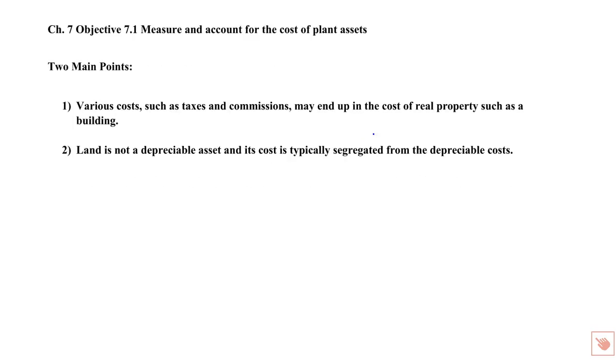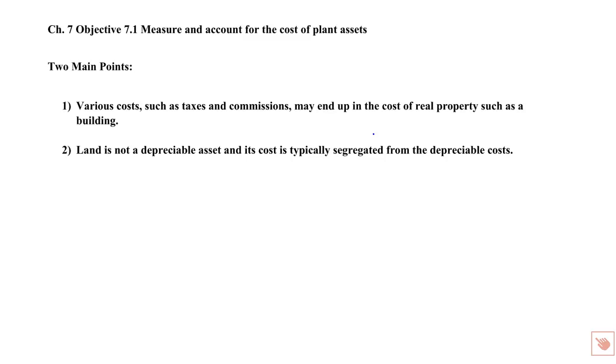We're going to talk first about, not really do a problem, but just talk about something quite important with respect to costs for long-term assets. First of all, there are lots of costs you may not normally think of as an asset, but they do end up in the cost of the asset.